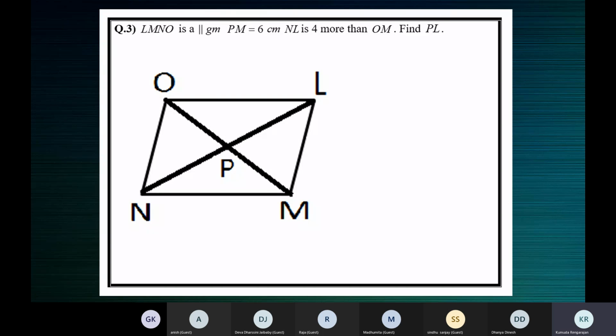LMNO is a parallelogram. PM is 6 centimeters. NL is 4 more than OM. Find PL.